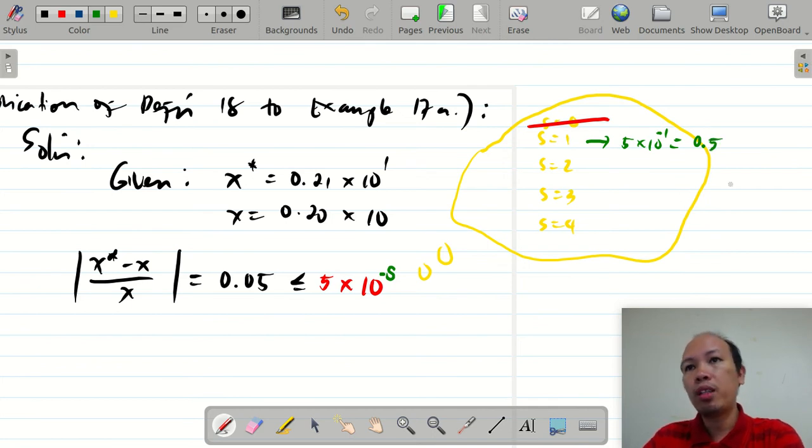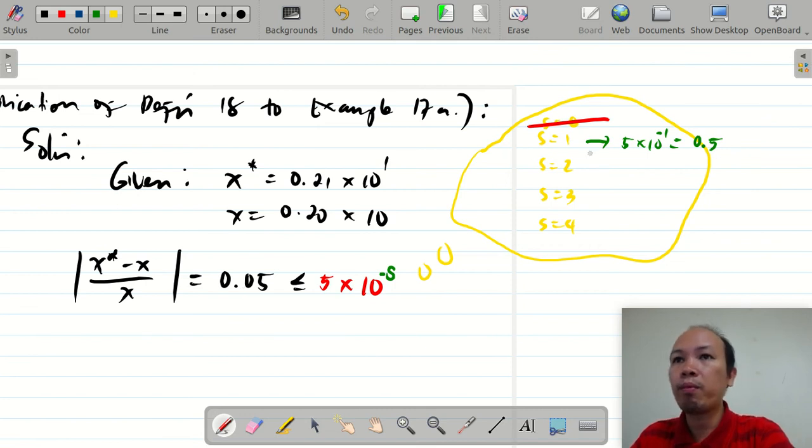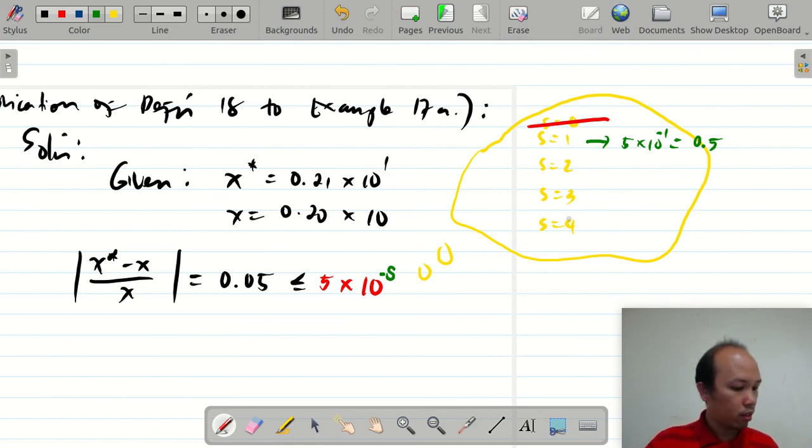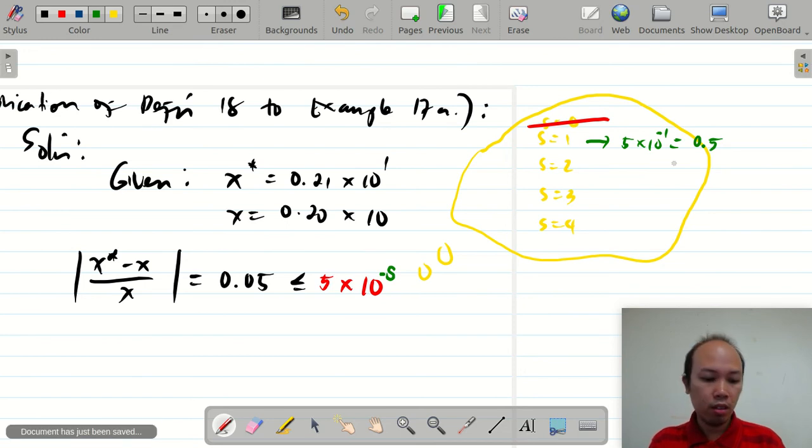So we know that 0.5 is, am I correct? 0.5, so that's correct. How about s is equal to 2?